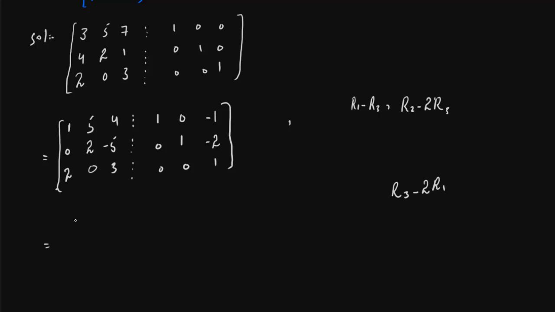For doing that, let me remove that first, and let me make some color variation here. For example, now we will take that 1 5 4 as it is, 0 2 minus 5 will be the same, and we are going to multiply R1 with 2 and subtract that in R3.